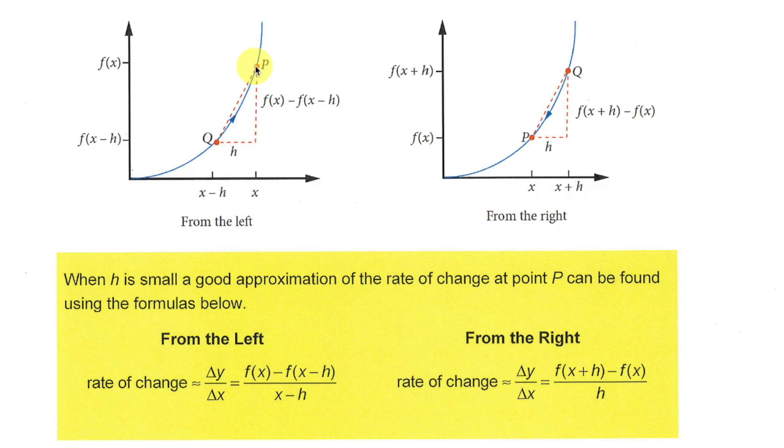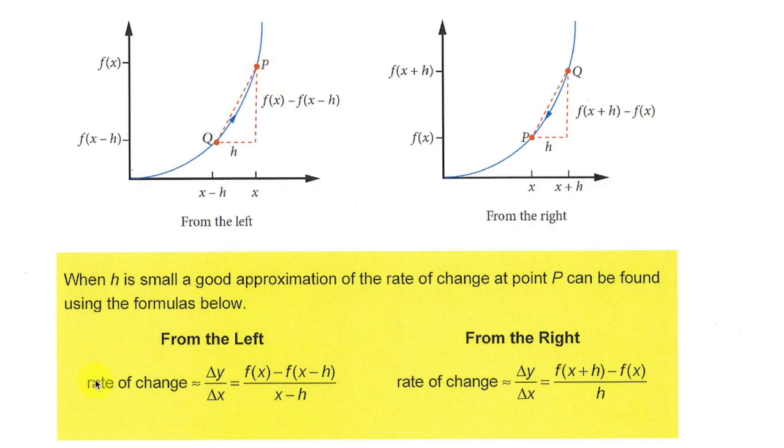So what I want to see is y2 take y1 over x2 take x1. I can also describe this point here as being x comma f of x. I can describe this point here as being x minus h comma f of x minus h, and that's shown here on the sides.